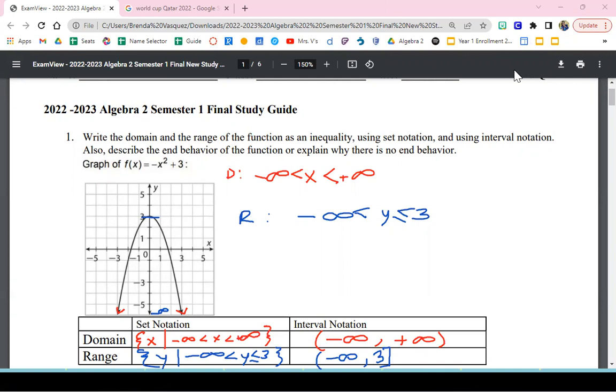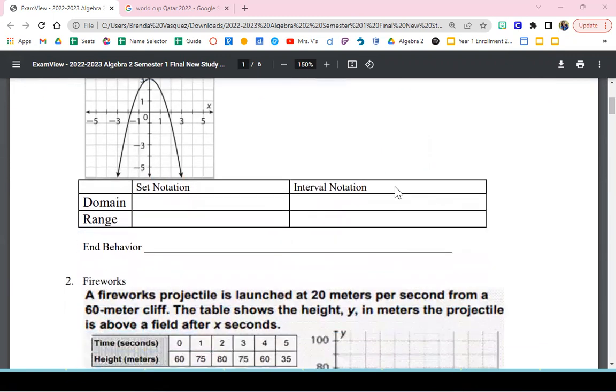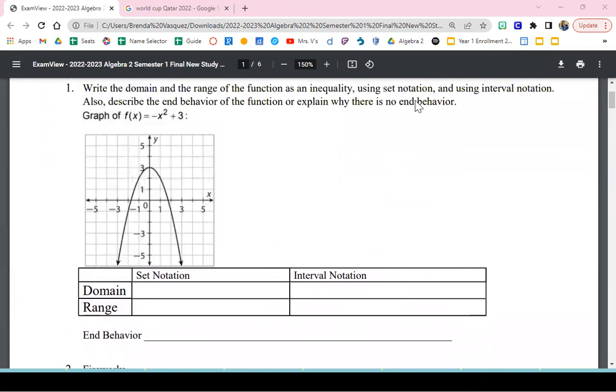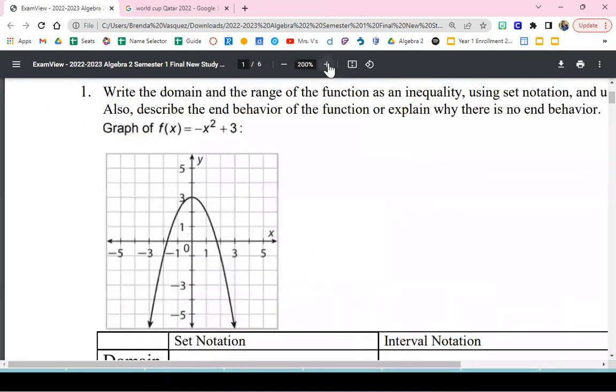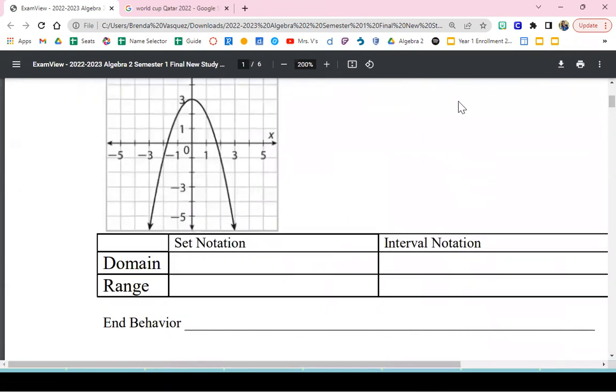All right. Now our beautiful end behavior. Now our end behavior, guys, we look at what's happening when we focus in the X direction and what happens to our Y value or f of X value. Remember that our f of X is the same as stating that we have Y. So let's go ahead and focus first as X approaches positive infinity.